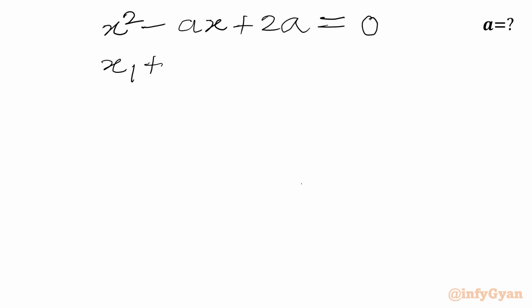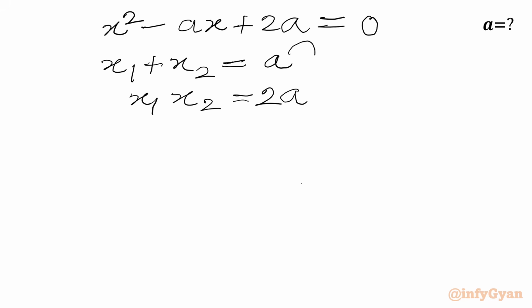So x1 plus x2 would be a, x1 times x2 would be 2a. Now from first equation, I will put value of a, which is x1 plus x2, in second equation.